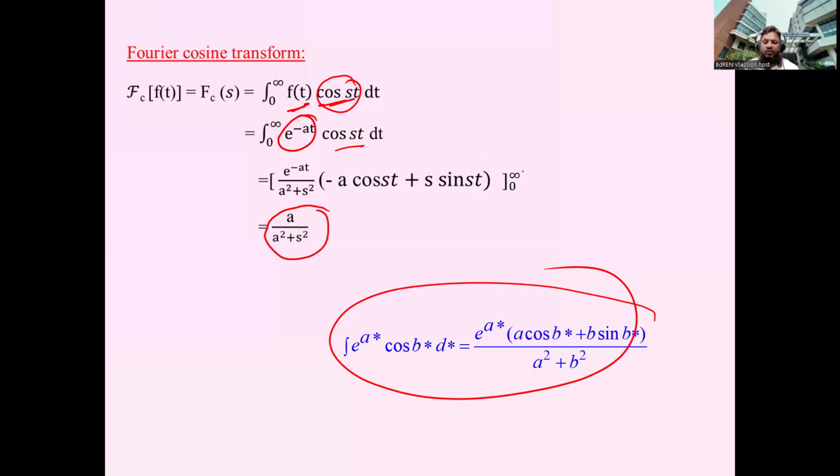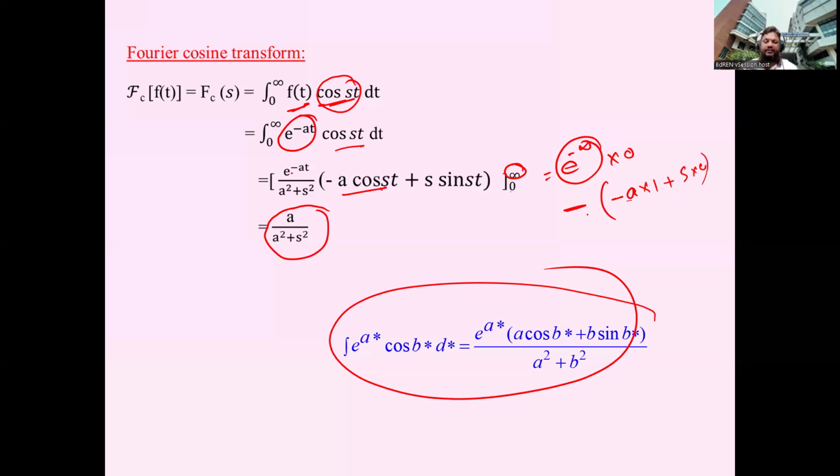Similar process when we put negative infinity here. So e to the power negative infinity, this value is 0, right? So 0 times any value will be 0. Then minus, again, if we put the value of t equal to 0, we can write minus a, and cos 0 will be 1, and sine 0 will be 0.